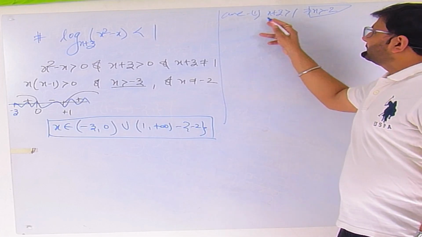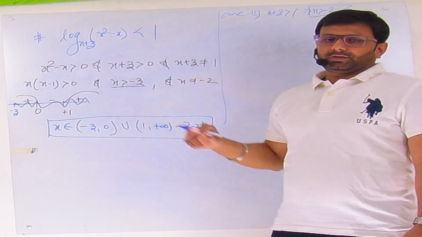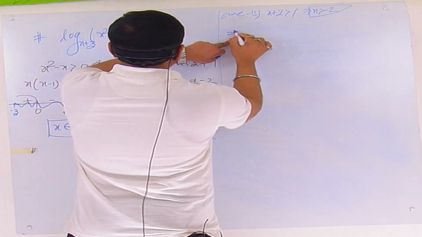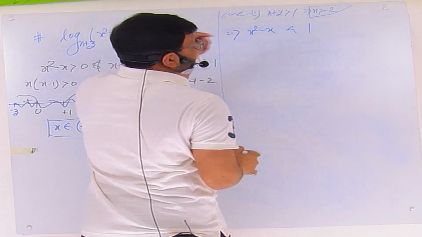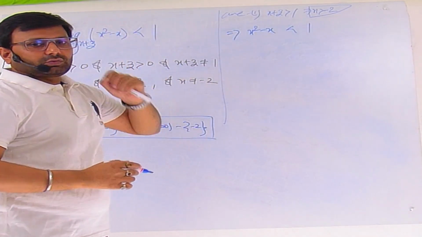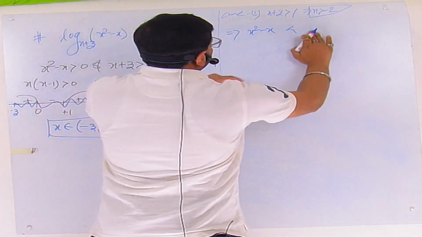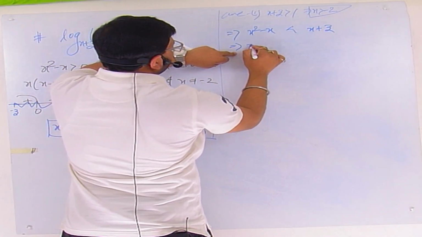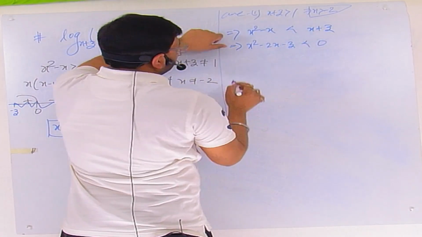Now if the base is greater than 1, while solving a logarithmic inequality, the sign of inequality does not change. So x square minus x less than x plus 3. Taking this side, x square minus 2x minus 3 less than 0.